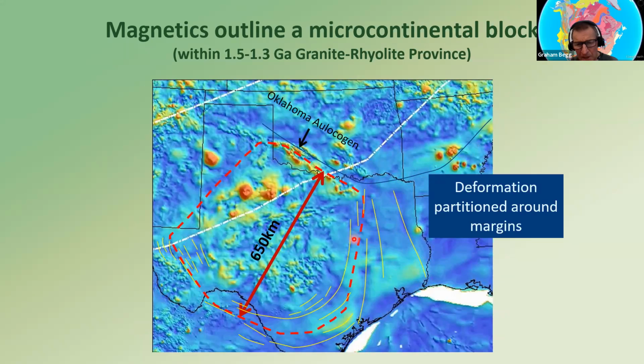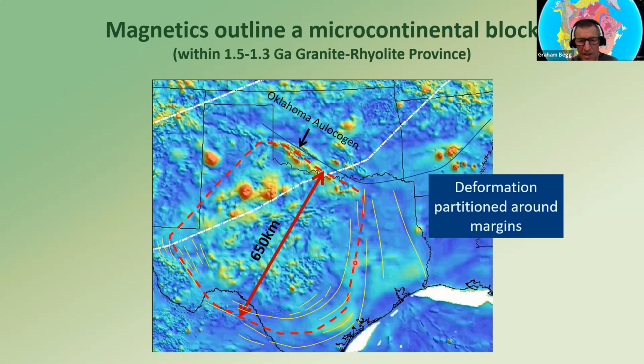And in the fabric here, whilst we're going north-south here, as we come around here, the fabric starts to turn and becomes east-west, and then it turns and becomes northwest. That is an orogenic fabric associated with this early Permian Ouachita orogeny. And that's telling us that this block must be behaving as a microcontinental block with deformation partitioning along its edges.